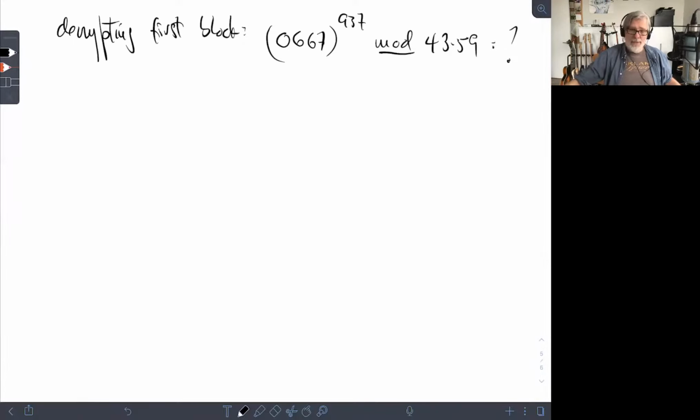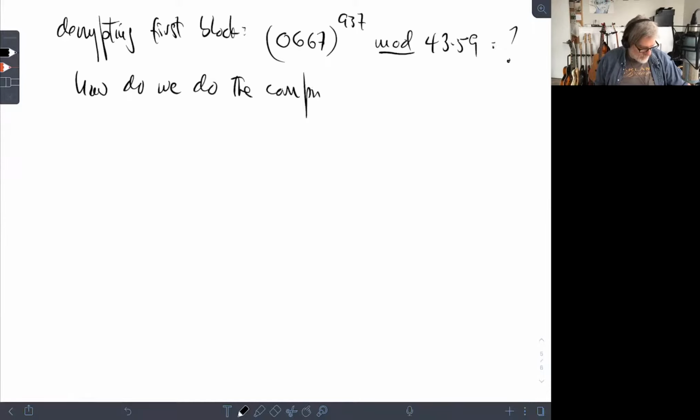so how do you do that? Okay, there are a couple of ways. I'm not sure which one is faster. I think the way I did it is faster. So how do we do the computation by hand?